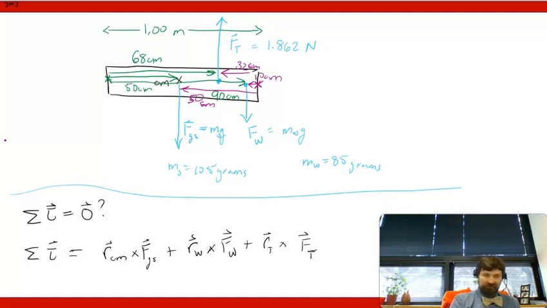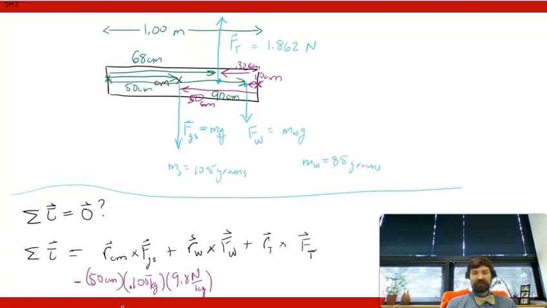So if we do this for the new coordinate system, what we have is r center of mass and Fg center of mass. Note that that is, for this system, a negative torque. So I have negative 50 centimeters times 105 grams, or times 0.105 kilograms as the case may be, times 9.8 newtons per kilogram.